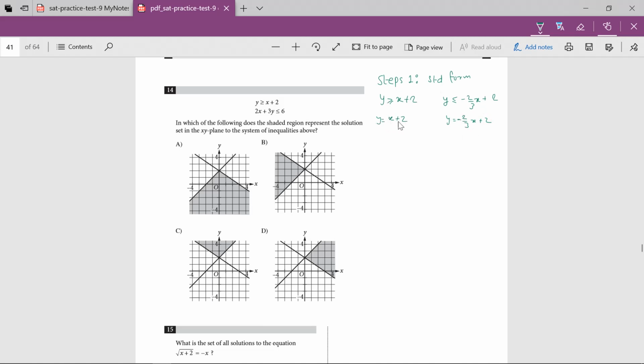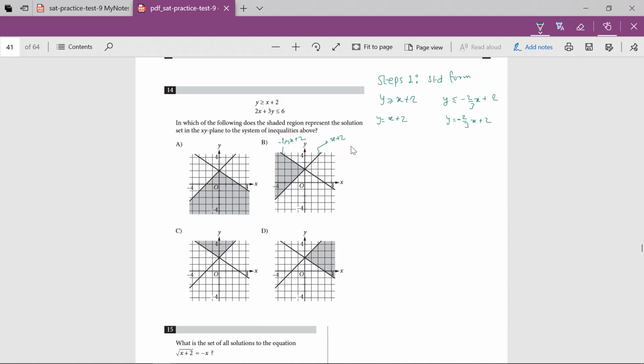One is a rising line. As you can see, the slope is rising, so this one should be my x plus 2 line. It is the rising one, and this is the falling one. As I can see, the slope is negative, so this is my minus 2 by 3 x plus 2. Okay, fine. So these are the lines.